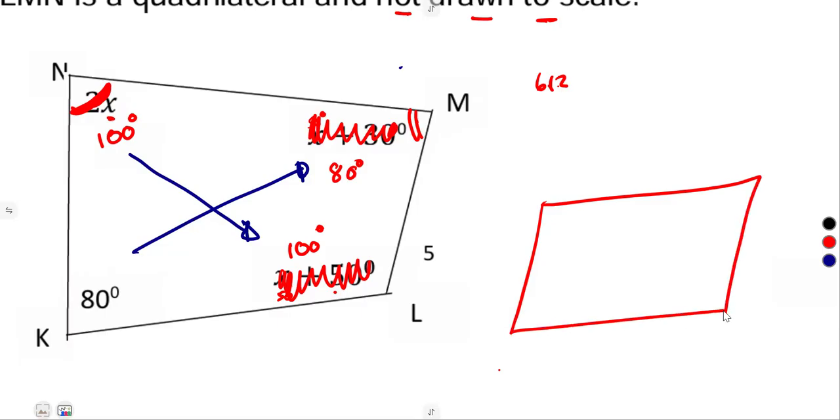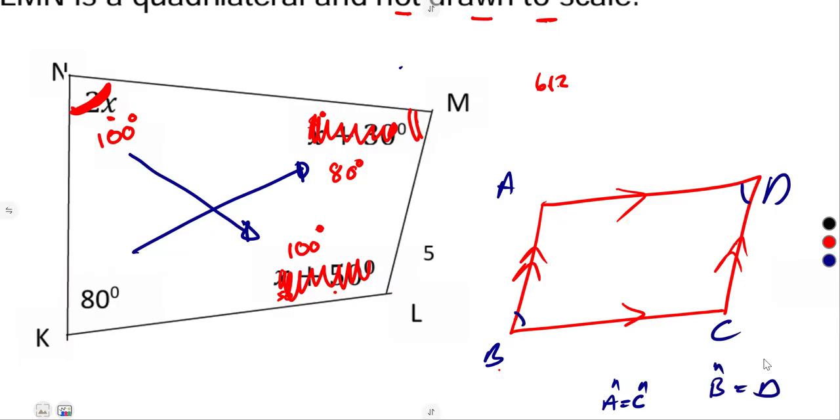Remember from the properties of a parallelogram, we were saying in each and every case, ABCD, angle A and angle C will be equal. Angle B and angle D will be equal. Properties of a parallelogram, so that it makes this shape to be a parallelogram.